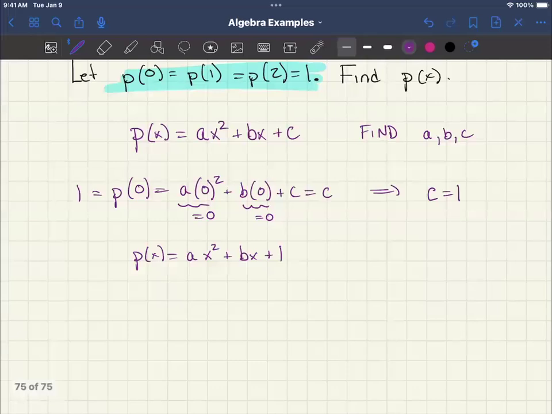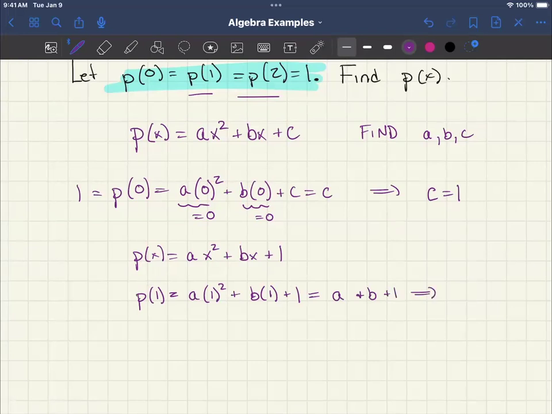Now we have two other pieces of information up here, and I have a feeling we might need both of them. Let's start off by plugging 1 in for x. We get a times 1 squared plus b times 1 plus 1, so that is going to give us a plus b plus 1.